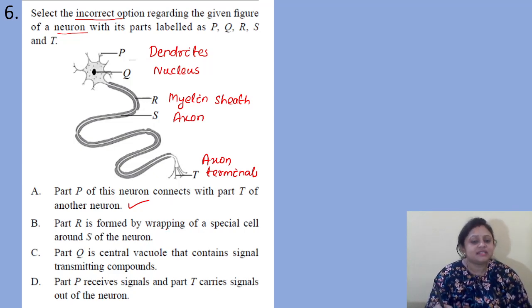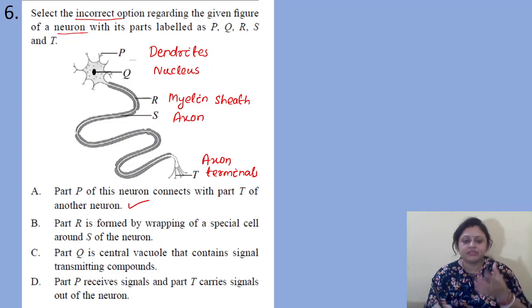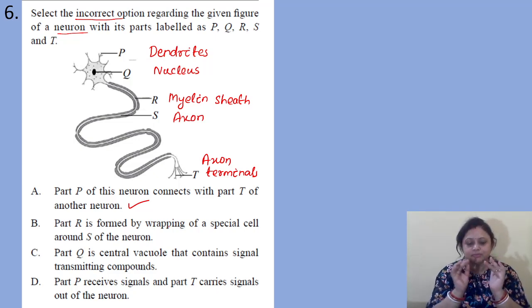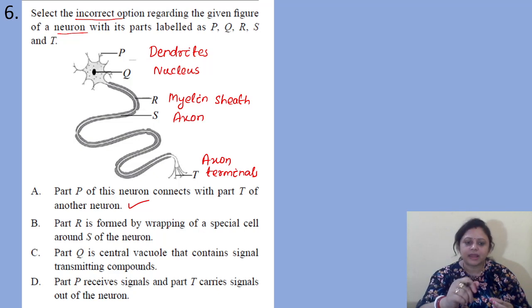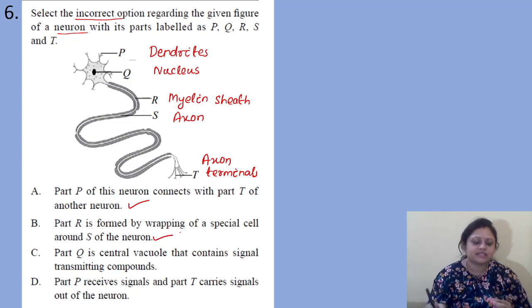The myelin sheath is the covering. A special cell is wound around the axon of the neuron, that is the myelin sheath. So this one is correct. Part Q is a central vacuole that contains signal transmitting compounds.